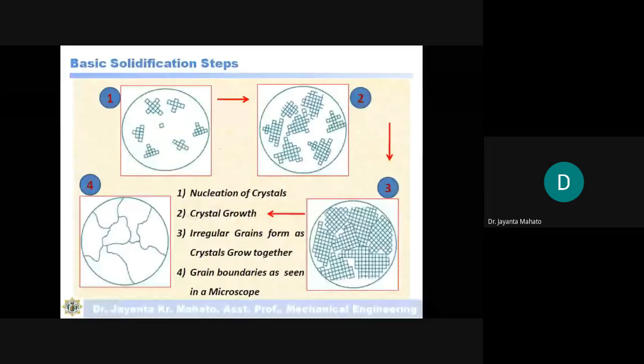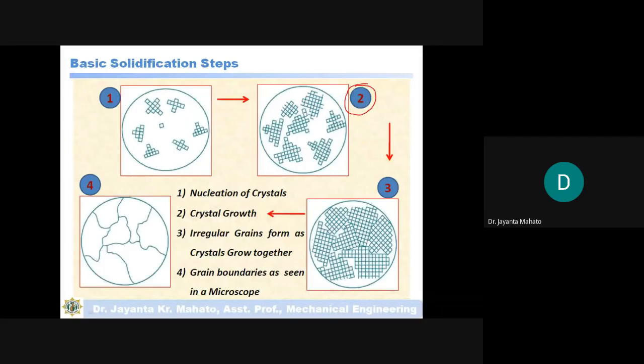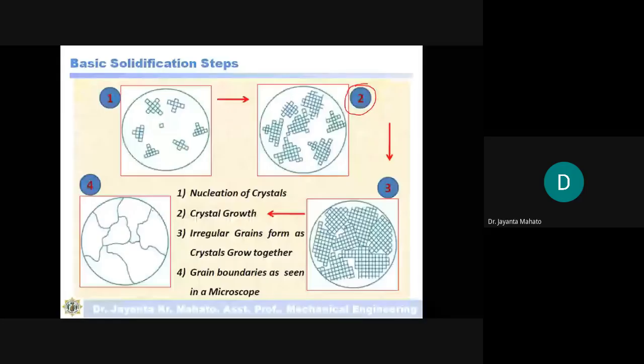Then in the second step, crystal growth. And in the third step, irregular grains form as the crystals grow together, meaning all the growing crystals come together, and ultimately grain boundaries are formed. So this is the basic step of solidification.